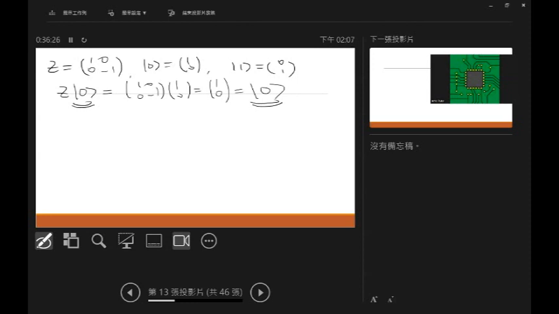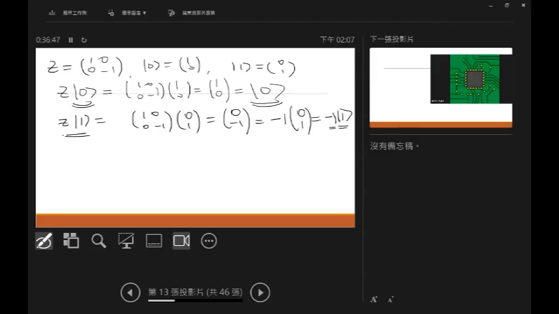Hopefully it's trivial. Now Z acting on |1> gives (1, 0; 0, -1) times (0, 1), so you get (0, -1), so it's -|1>. So |1> is the eigenvector of Z with eigenvalue -1.